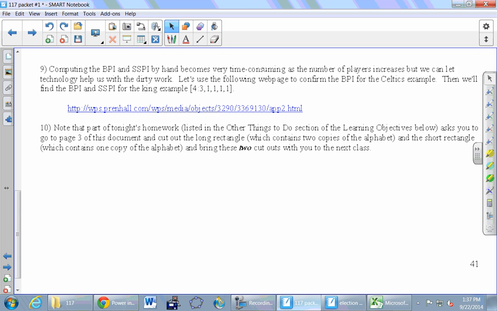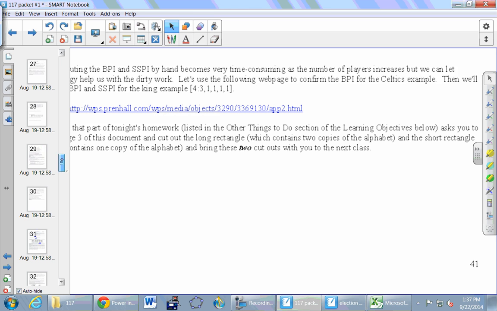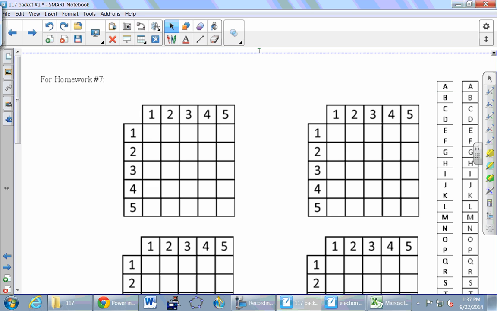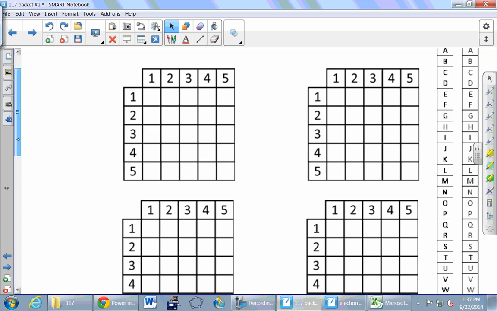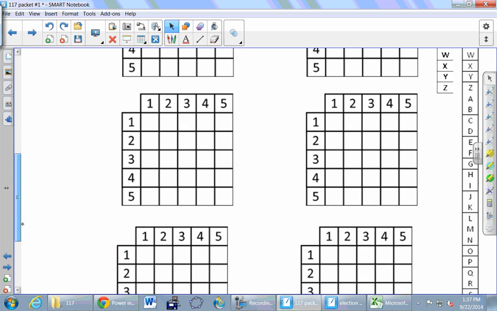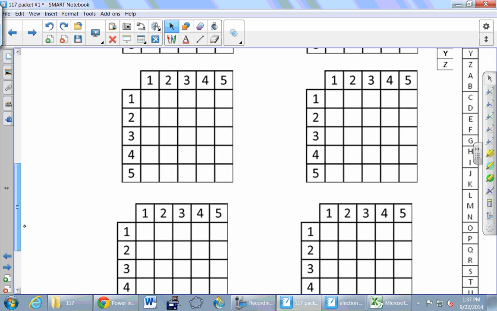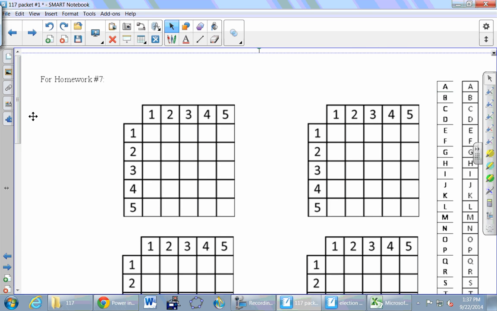Zeke, can you read 10, please? Okay, so you don't need to go here now, but on page 3, you will see on the right-hand side some alphabet copies.